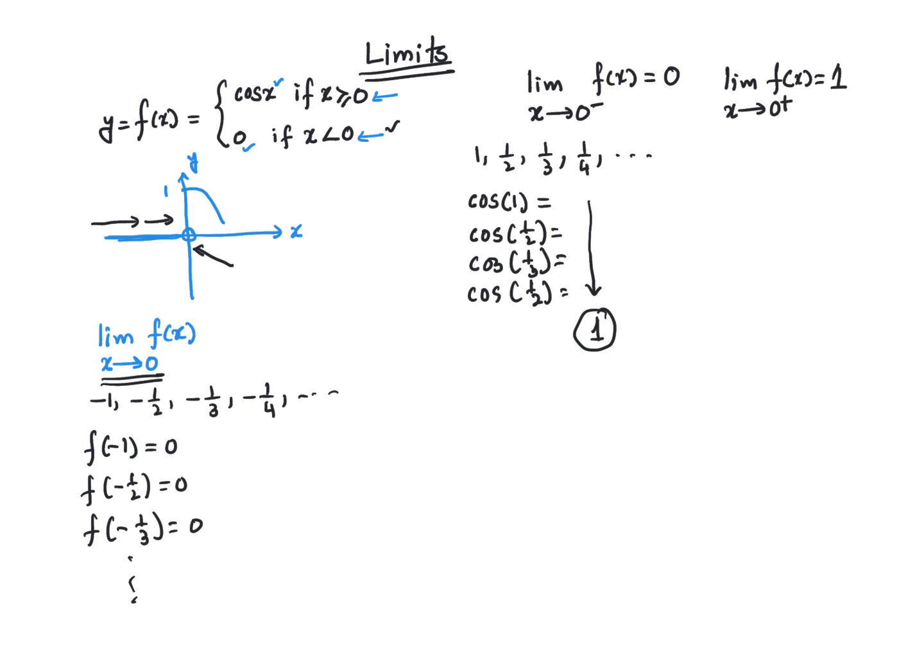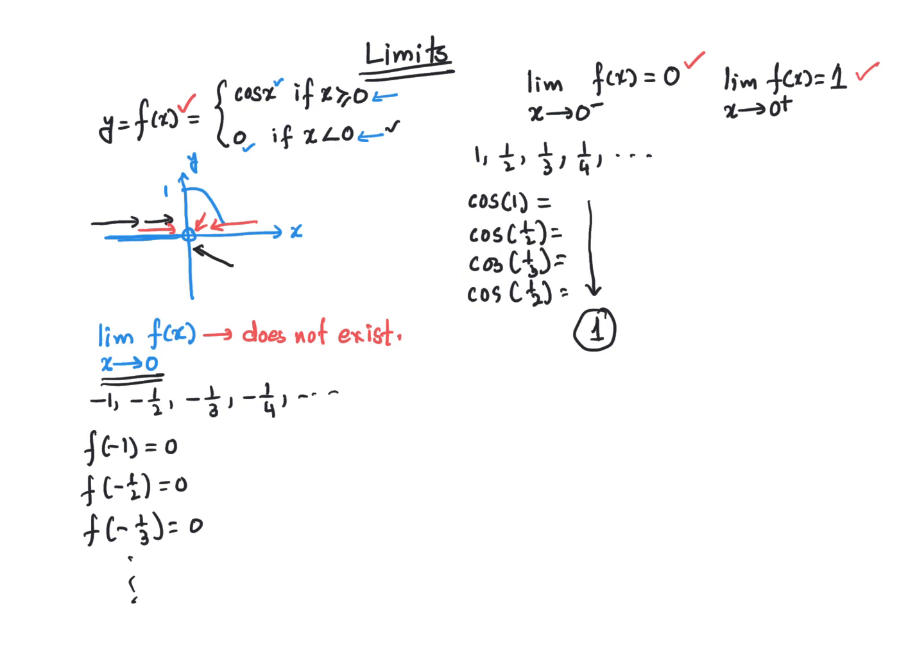We have approached the same point once from the right and once from the left. However, we got two different values. If we are approaching the point from the left, we get a 0. If we are approaching the point from the right, we get a 1. They are not equal. Therefore, the limit for this function at 0 does not exist.